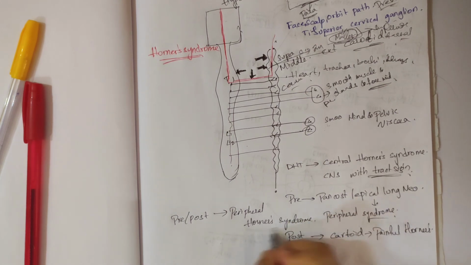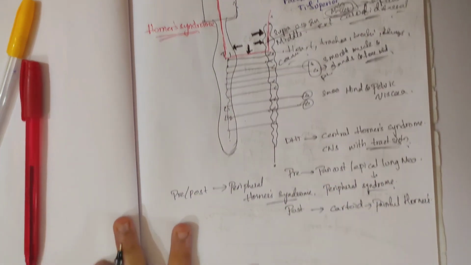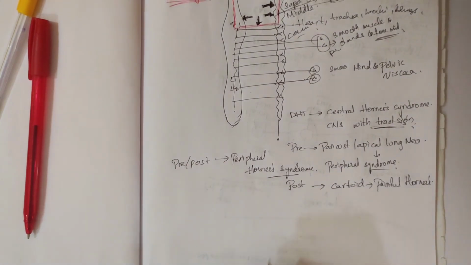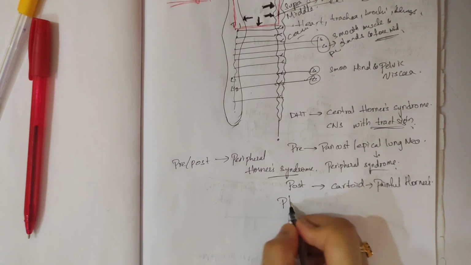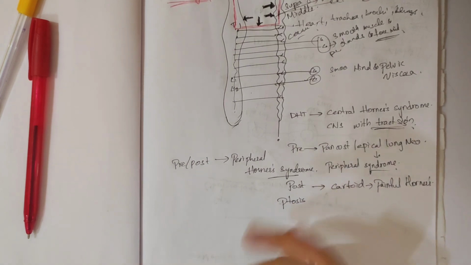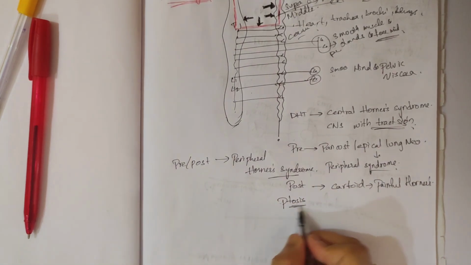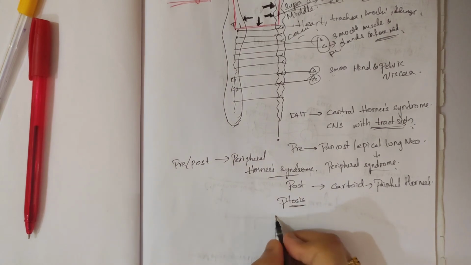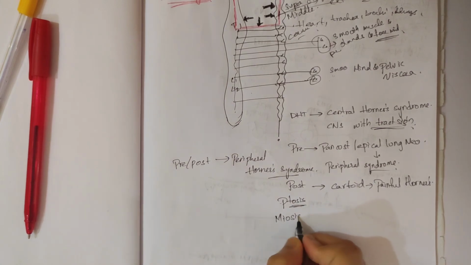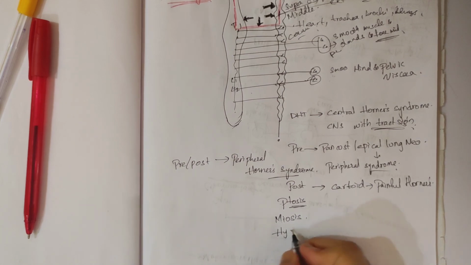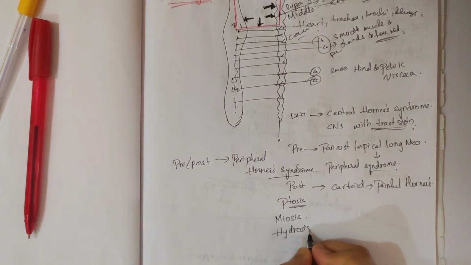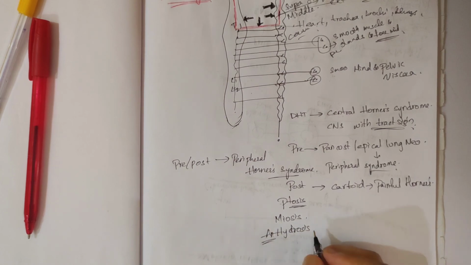So the classic signs or markers of peripheral Horner's syndrome are the three P's, that is ptosis, miosis, and also anhidrosis.